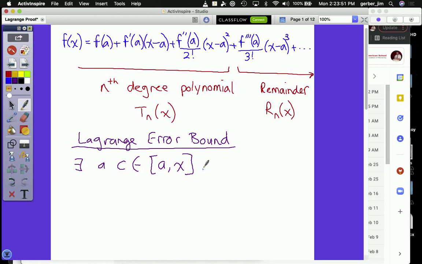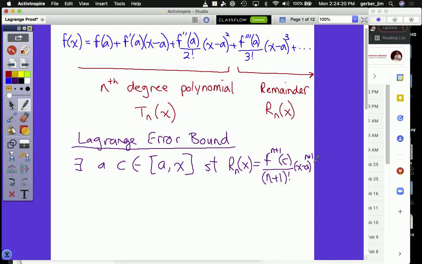There exists this value c somewhere on that closed interval such that my remainder is going to be exactly equal to the n plus first derivative at this number c over n plus 1 factorial times x minus a to the n plus 1.